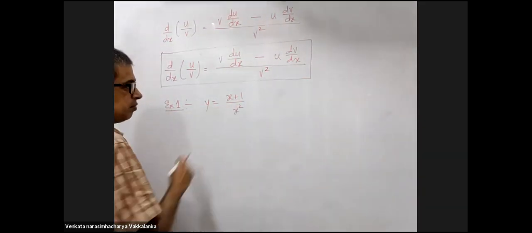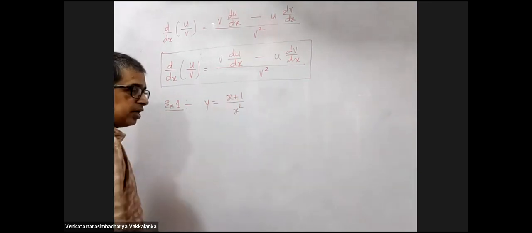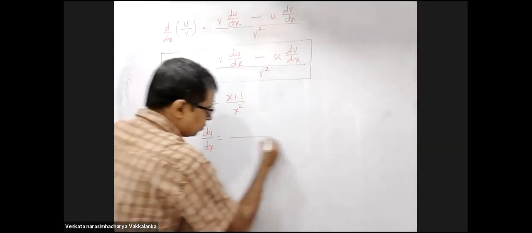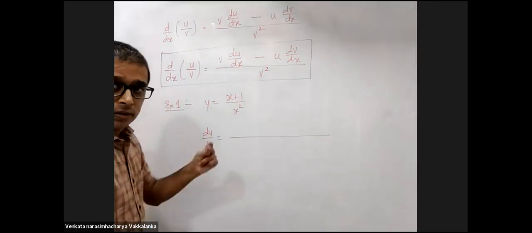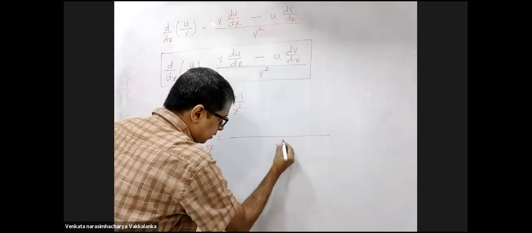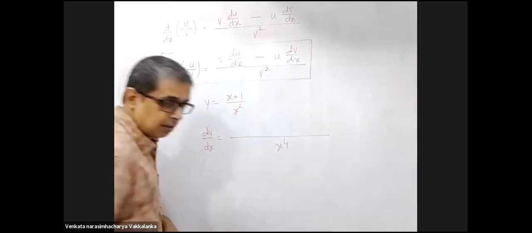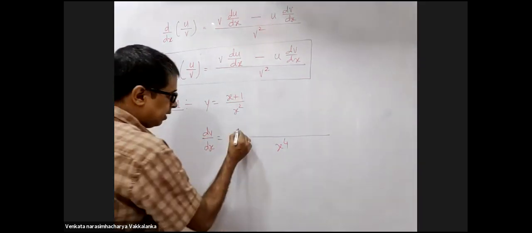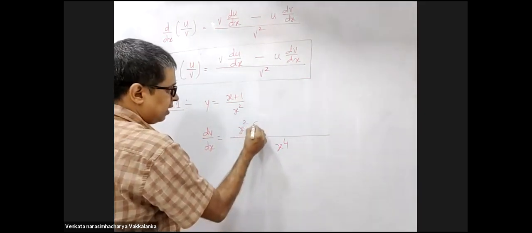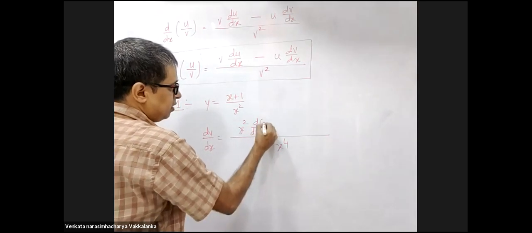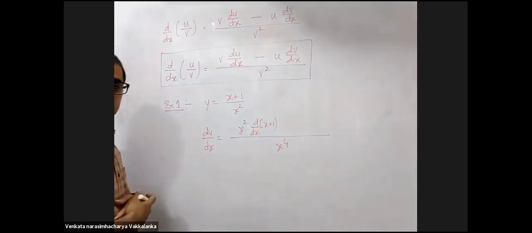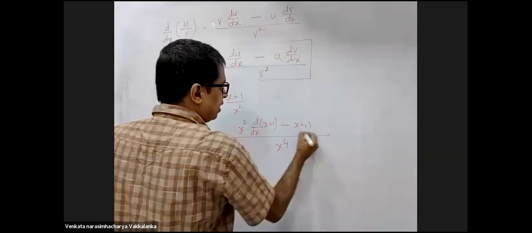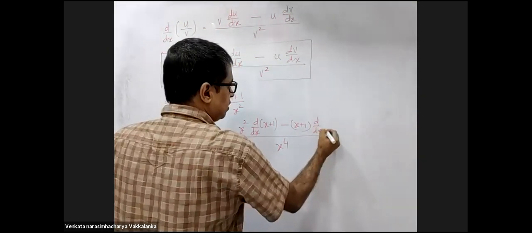Now have a look. x plus 1 upon x square. My requirement is dy by dx. Denominator x to the power 4, x square whole square. First point: keep the denominator as it is, differentiate the numerator. Minus. Keep the numerator as it is, differentiate the denominator.